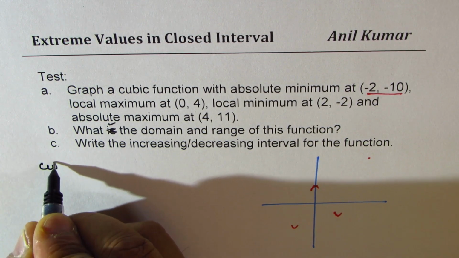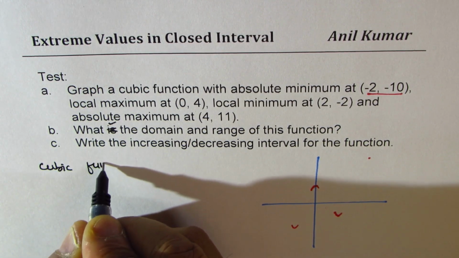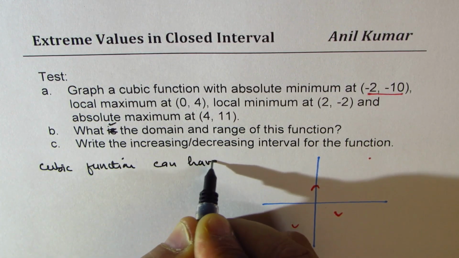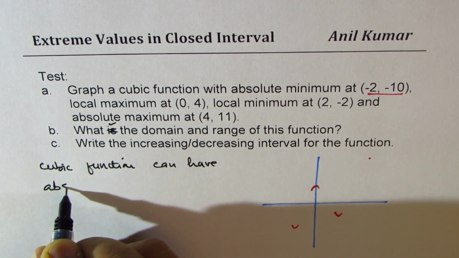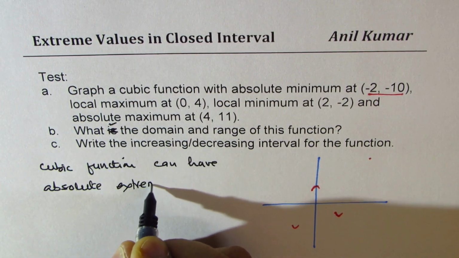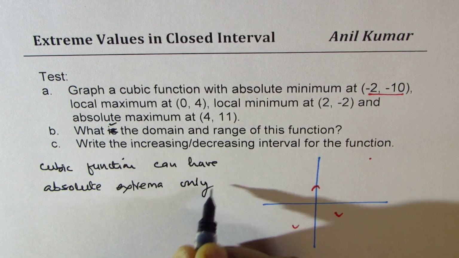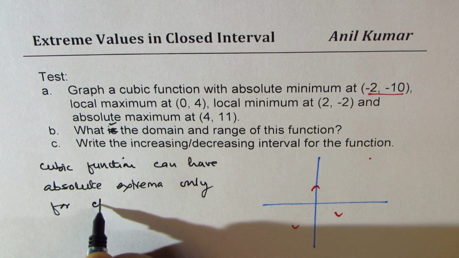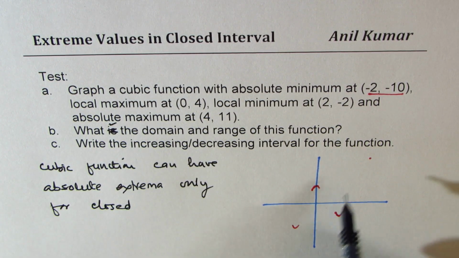Now a cubic function can have absolute extrema only for a closed interval, correct? Otherwise, it extends from one infinity to the other, right?